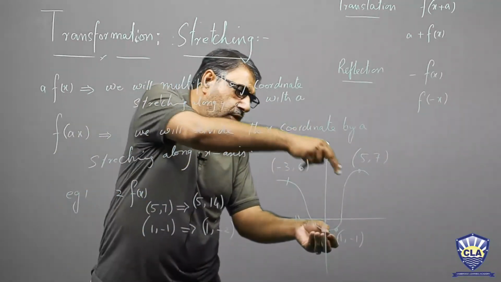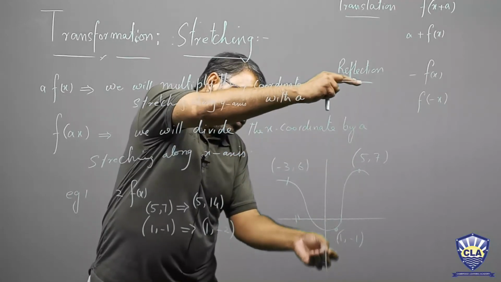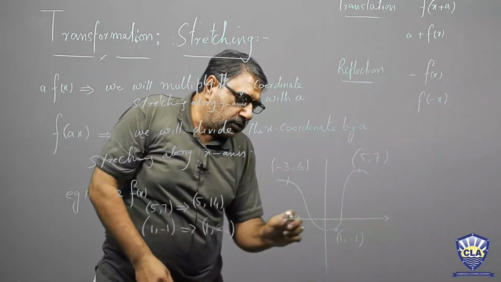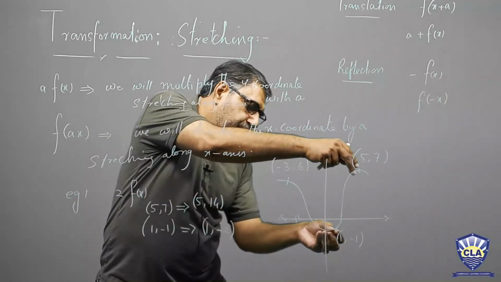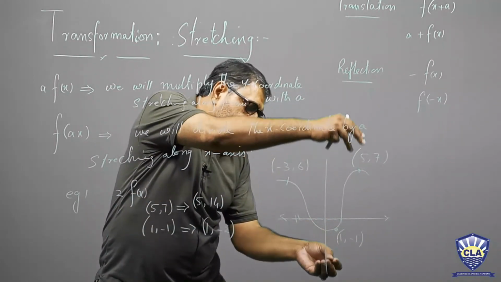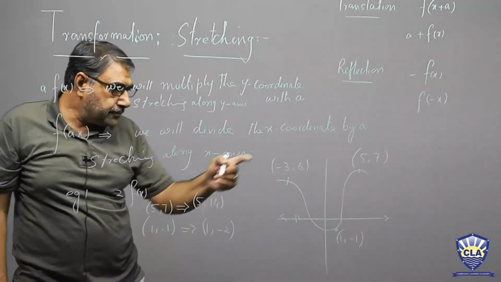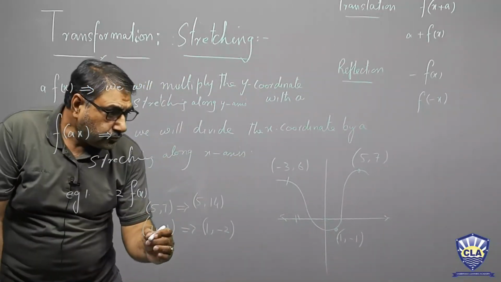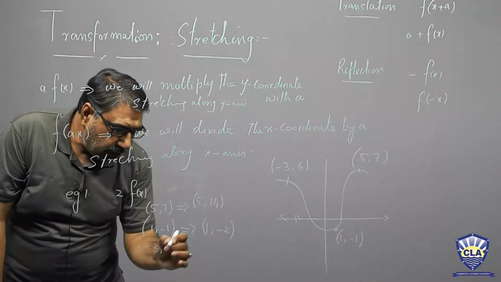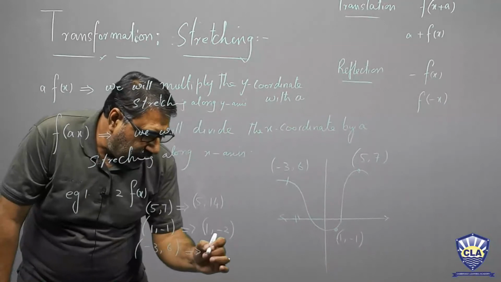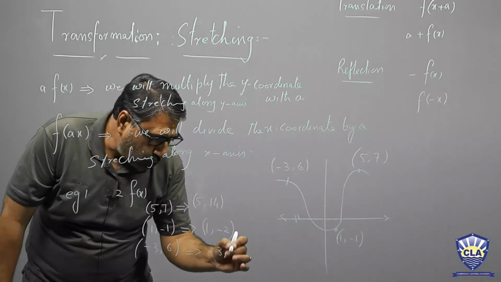So the stretch is done: this is an upward stretch and this is a downward stretch, this is stretching along the y-axis. And -3, 6: 6 twos are 12, so -3 and 12.